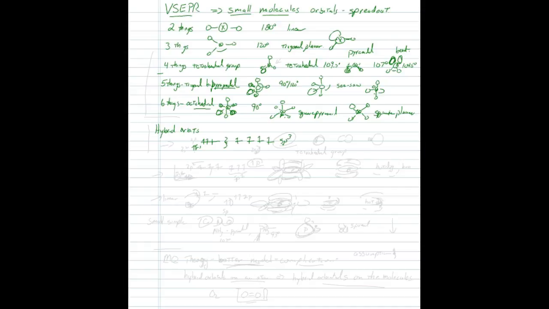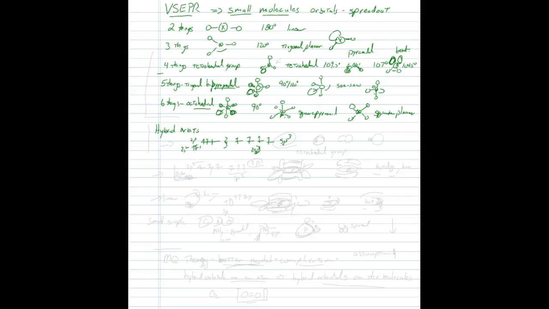So instead of having 2s and 2p, we have four sp3 hybrid orbitals. That means they're all the same no matter what.